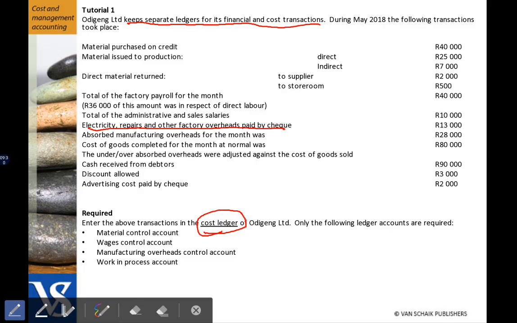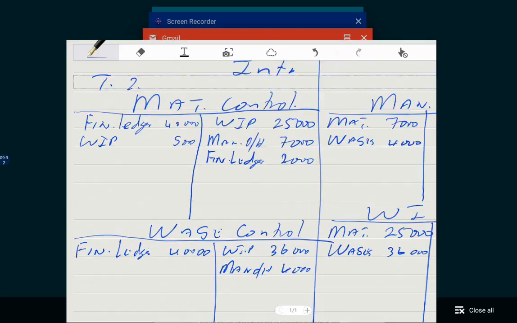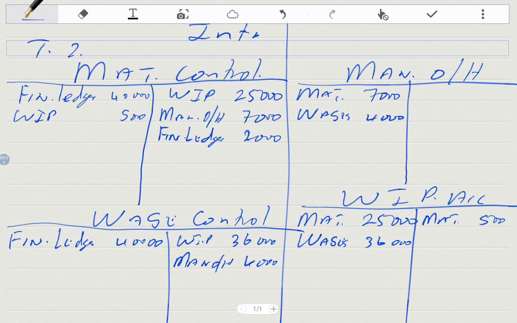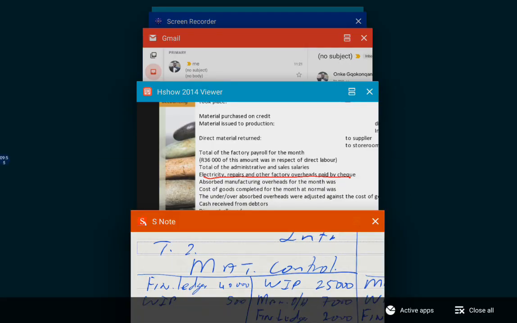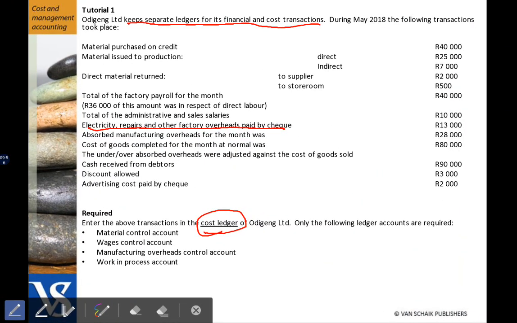You'll initially say that you've got a bank account involved, but remember the system that you are using, so it will be the financial ledger account, that 13,000. That's what you'll do. Then we're going to have a credit on that financial ledger control account.